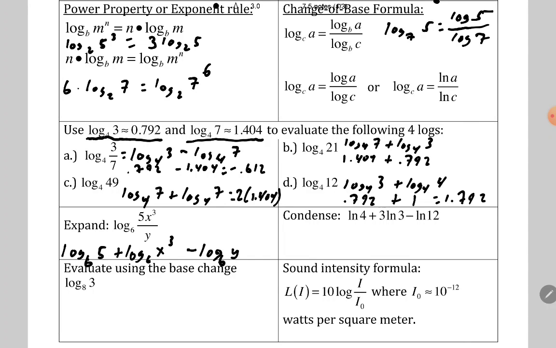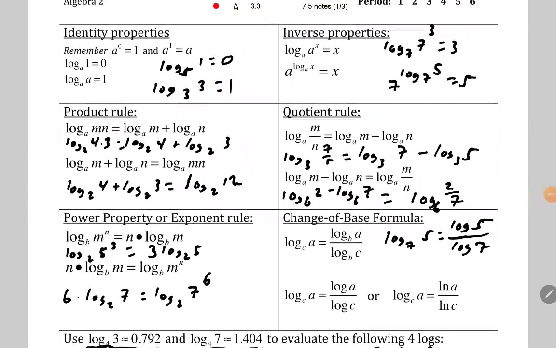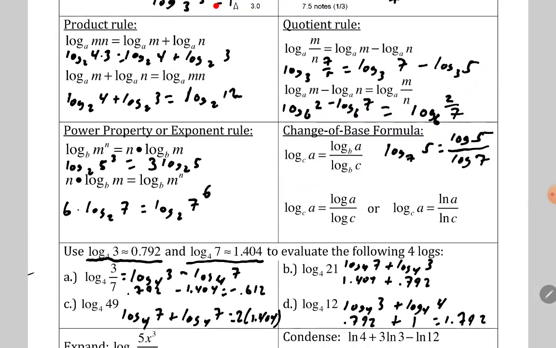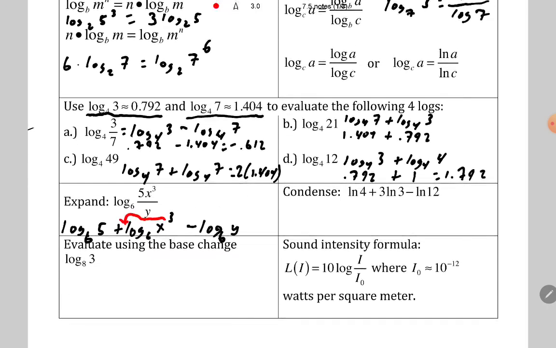But there's only one more thing I can do, is move this 3 to the front here, because that was our power property, or exponent rule. Okay. So the completed form of this is log base 6 of 5 plus 3 times the log base 6 of x minus log base 6 of y.